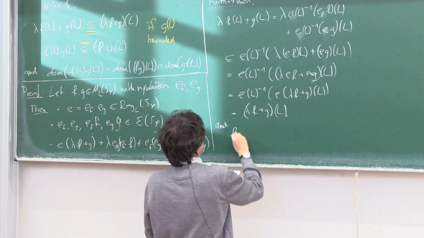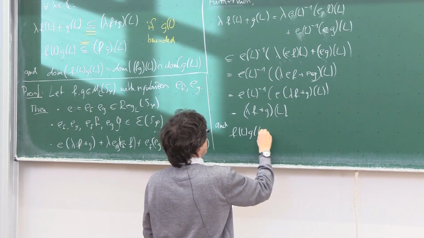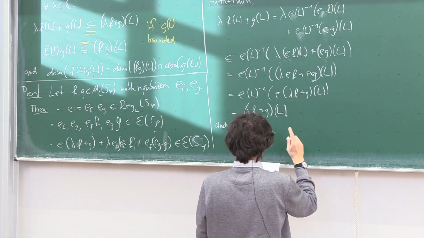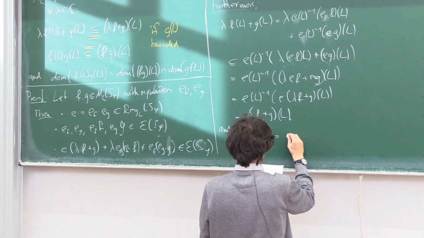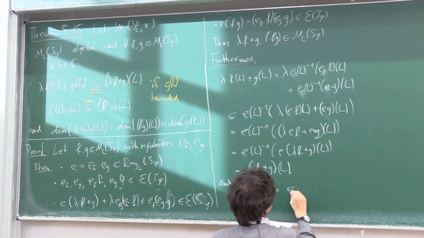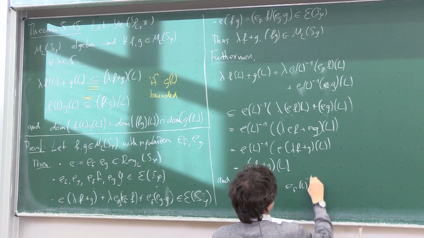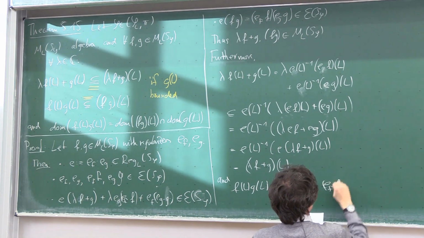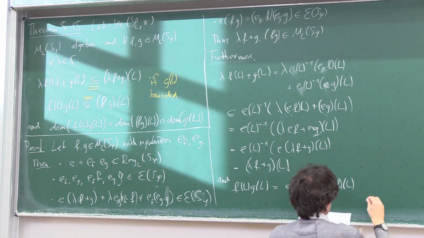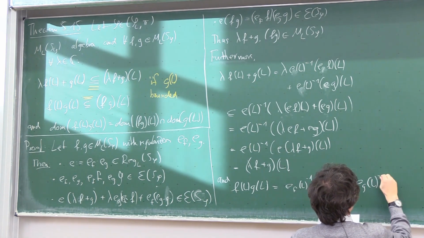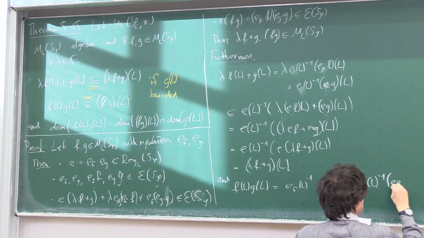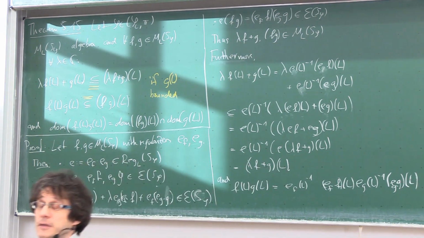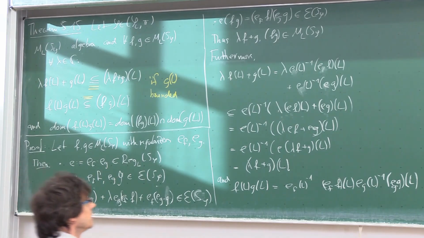is the following. You start again with F of L, G of L. Then you write down the definition, and this time I write it down with the EF and EG. So this is EF of L to the minus 1 EF F of L times EG of L to the minus 1 EGG of L. This is the definition of these two operators.